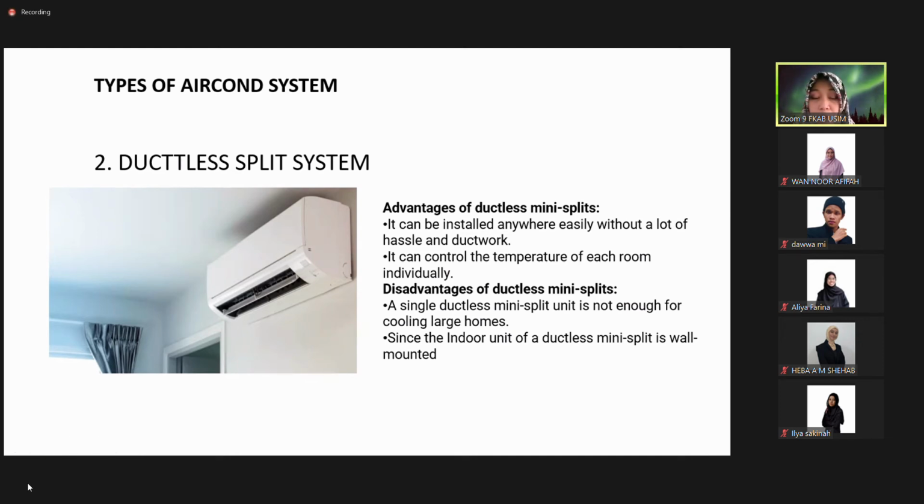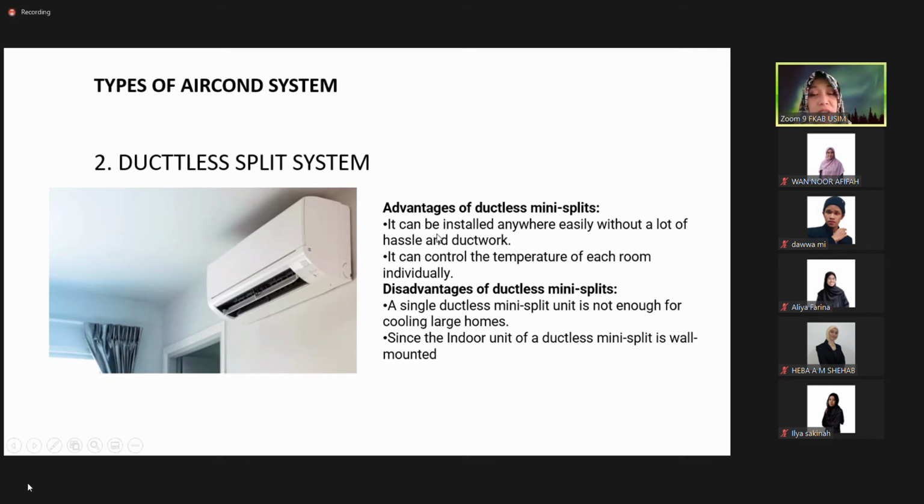They cannot capture the whole studio 1, 2, 3. Like tamhidi, like our studio. Tak boleh guna central, tak cukup. The horsepower need to be bigger. So this cannot cool enough the studio 1, 2, 3, when we open up all the doors, all the partition there. Okay. So it can be installed.